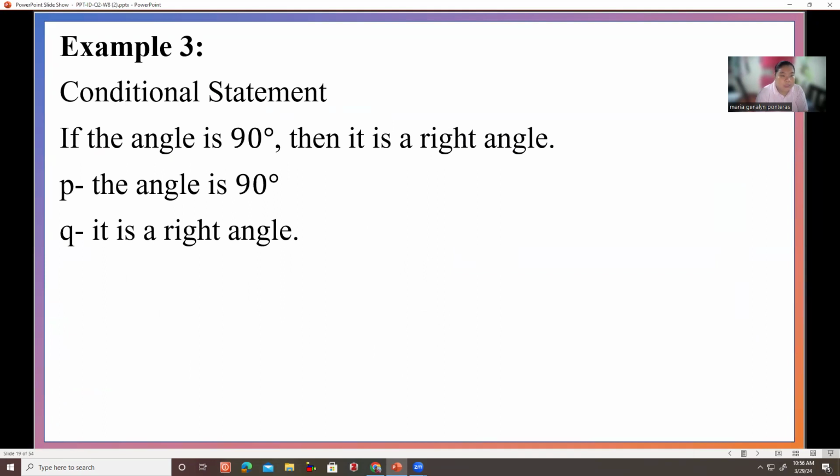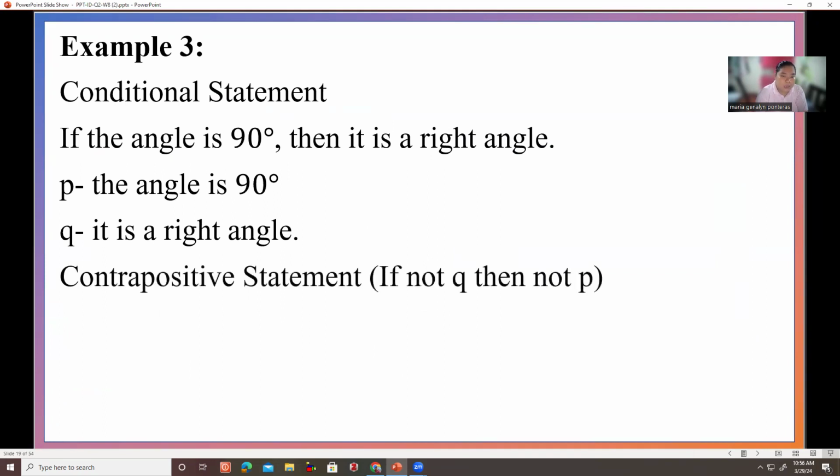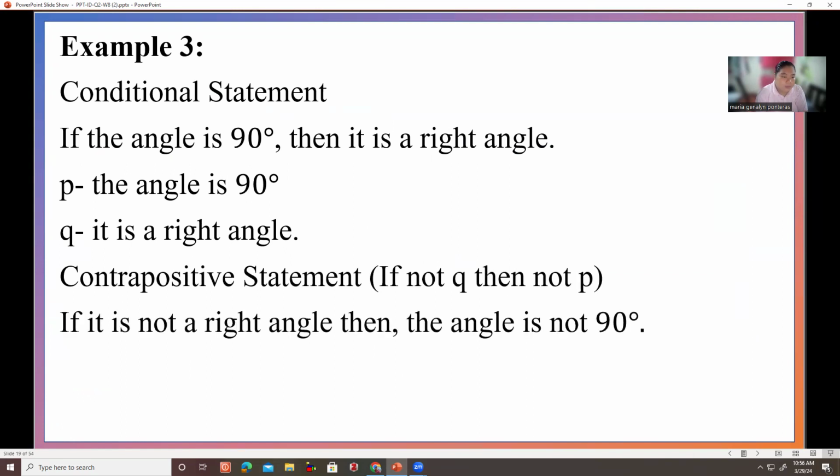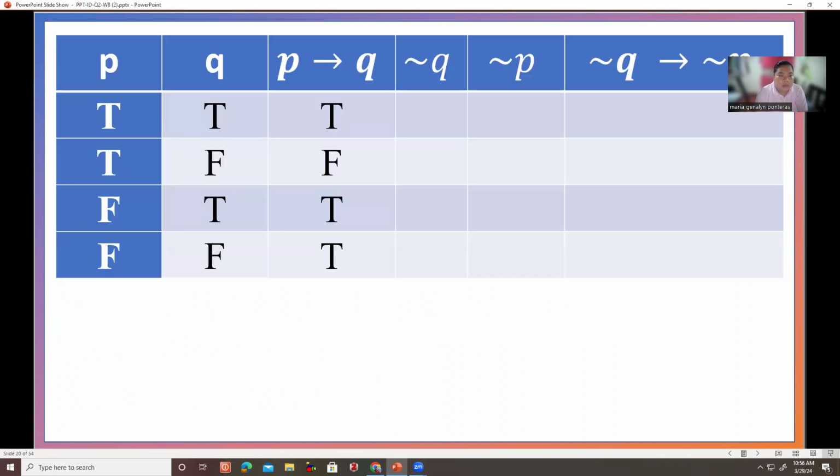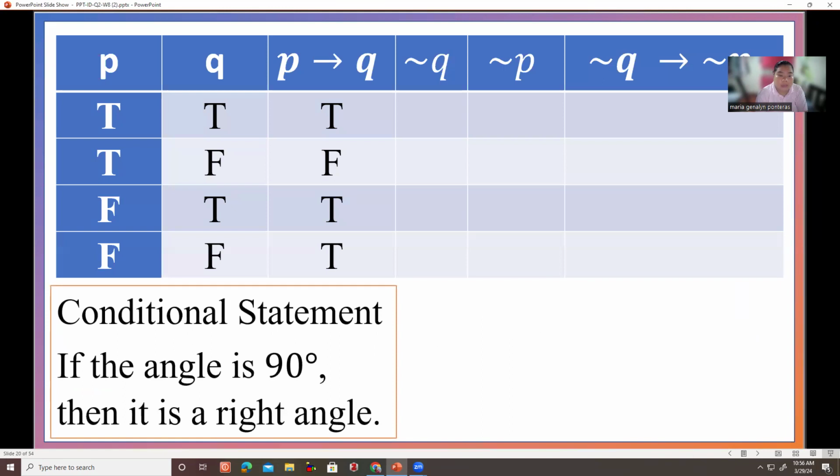For the conditional statement, if the angle is 90 degrees, then it is a right angle. The contrapositive: if it is not a right angle, then the angle is not 90 degrees, so not Q and not P. A while ago we had the truth values for the conditional statement: if the angle is 90 degrees, then it is a right angle.